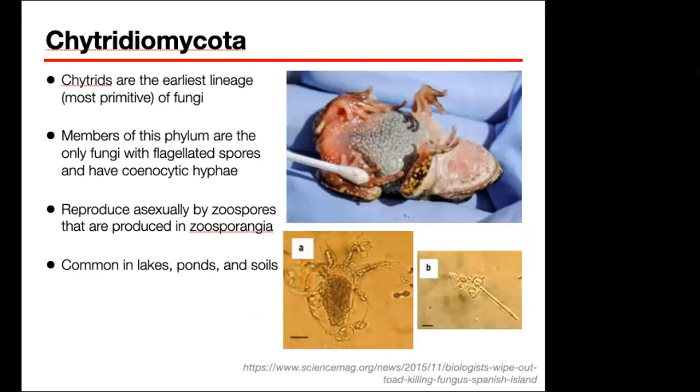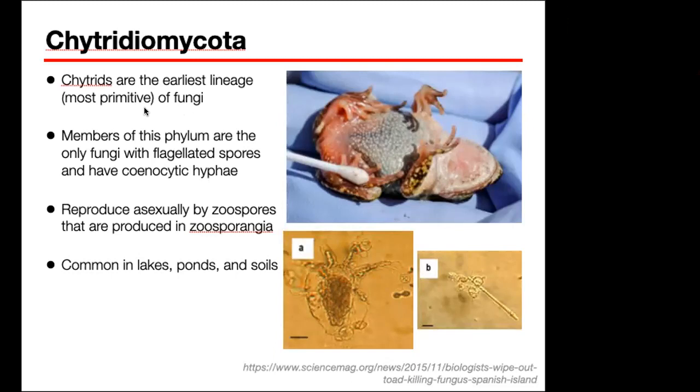If you recall, microsporidians are actually under protists, but in recent years they are now considered fungi. So I did not include them. Based on the learning guides, chytrids are the earliest lineage and the most primitive form of fungi.